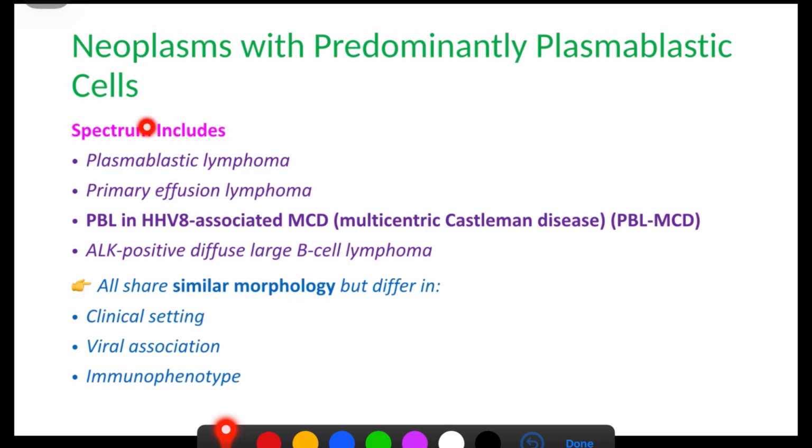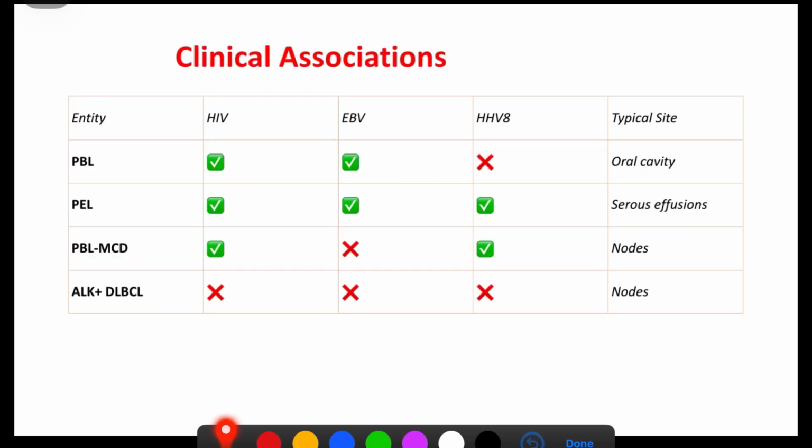These all show plasmablastic appearance. They share similar morphology, but all differ in clinical setting, viral association and immunophenotype.